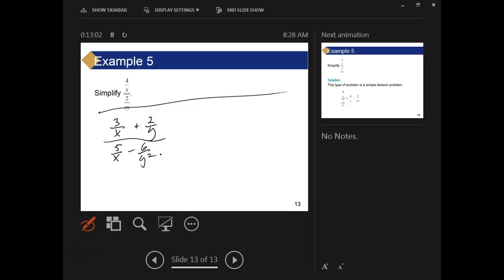Fairly similar to the last one, except these are not all numbers. We have some variables in here. So what would you suggest we do first? Again, we have two possibilities here. What would you choose to do? Common denominator of all your denominators in both the numerator and denominator. What would that common denominator be?